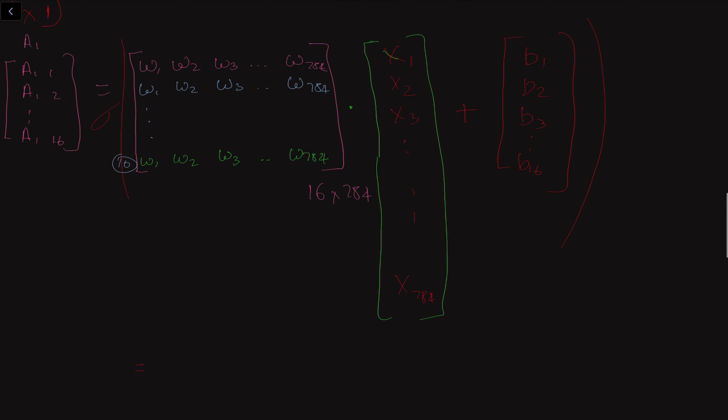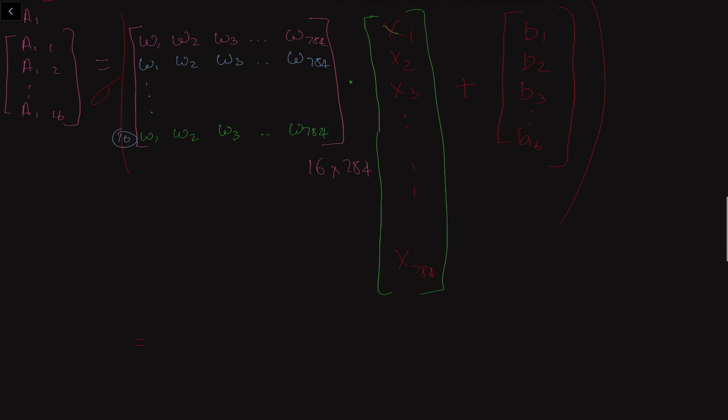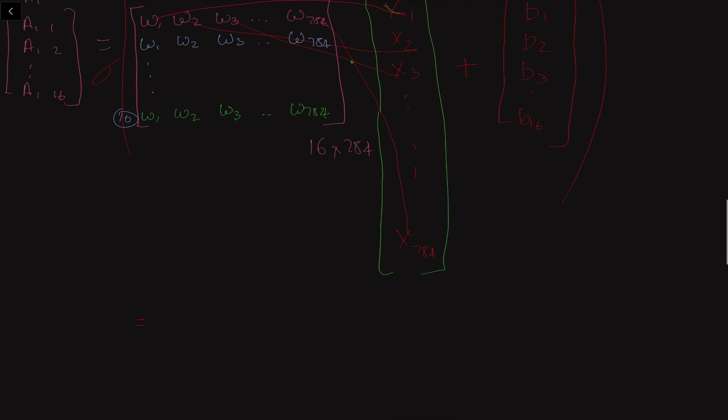All right, let's expand for the first term. This will multiply with this, W2 multiplied with X2, W3 multiplied with X3, and so on and so forth. The last term is multiplied with the last term, right? And added.